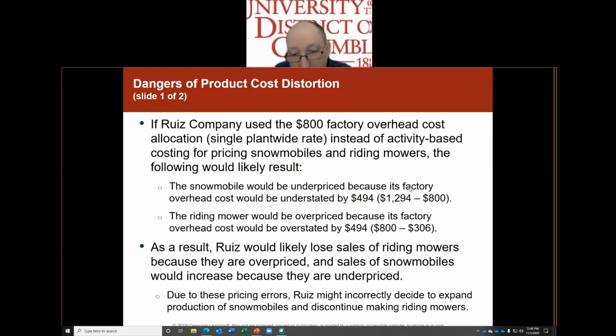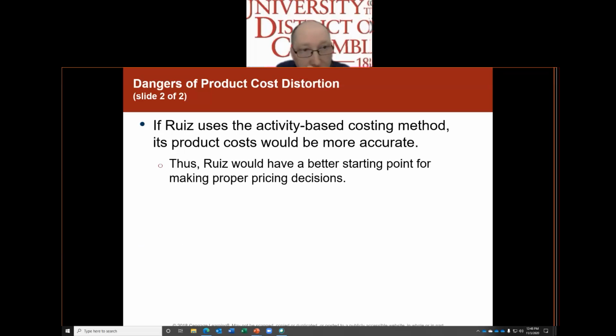The distortion rate tells us what would be overstated or understated in cost based on the difference between single plant-wide method and activity-based costing. This is important to know because it also tells us how much we should sell our products for, to make sure that the distortion rate would be covered.